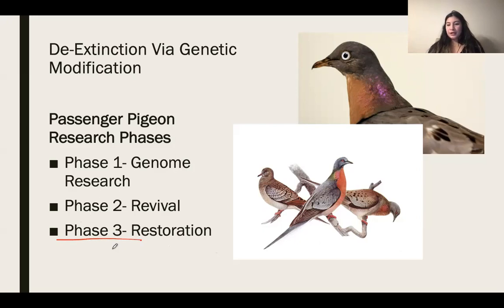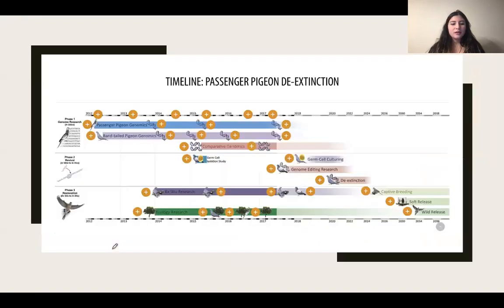They have been working on the restoration research starting in 2017, when they had the revival, in which they put together research by the Bronx Zoo, which is one of their partners, that did captive breeding research on other pigeons to see how they could raise the flock for the passenger pigeon when they are able to bring it back, which leads us to the timeline of the passenger pigeon de-extinction.